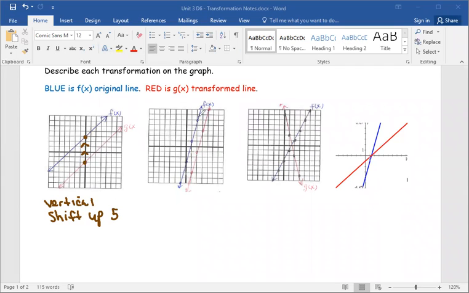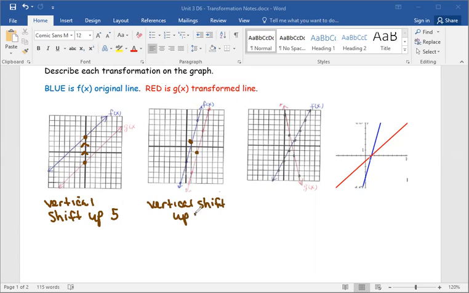now we can see that these have shifted a little bit. So if I look from point to point, what happened here? We definitely went up. So we have a vertical shift up, and how many?